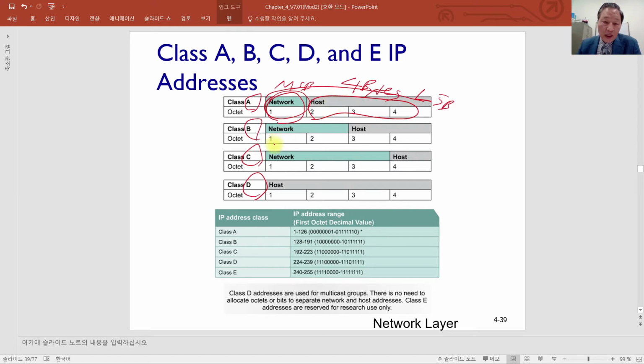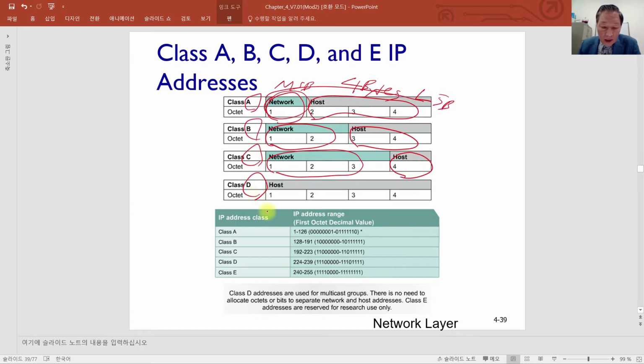In class B, 2 bytes are used for network ID, and another 2 bytes are used for host ID. Class C, in this case, uses the first 3 bytes to identify the network, and the final 1 byte will be used to identify the host.